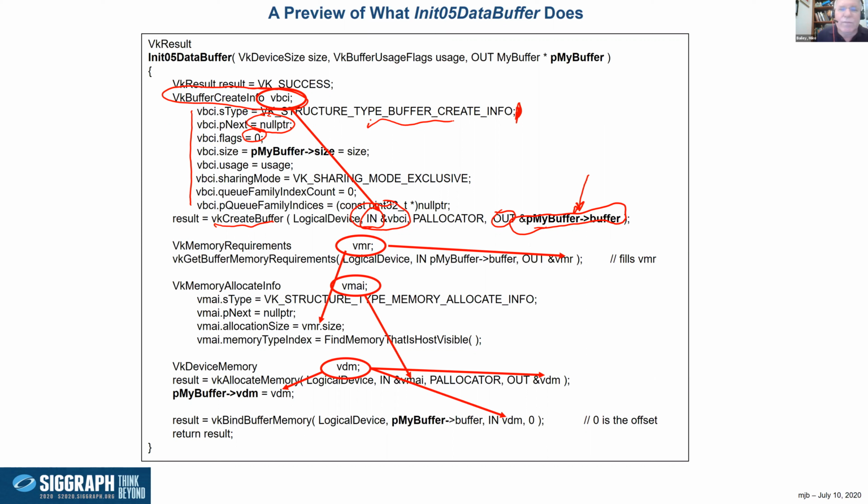You need to do some things with memory. It's going to take the pointer to the buffer you've got, and it's going to tell you something about the memory requirements. And then when you go to allocate the memory, it needs that information, which then goes to here, which then goes to here.